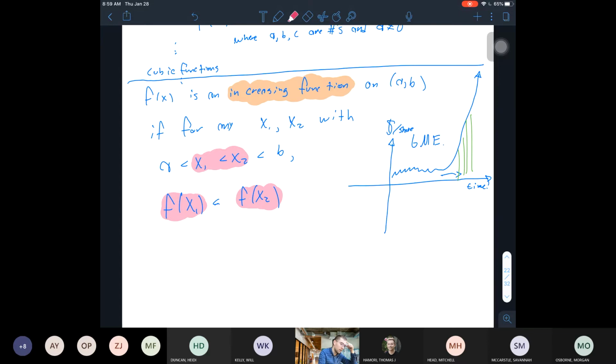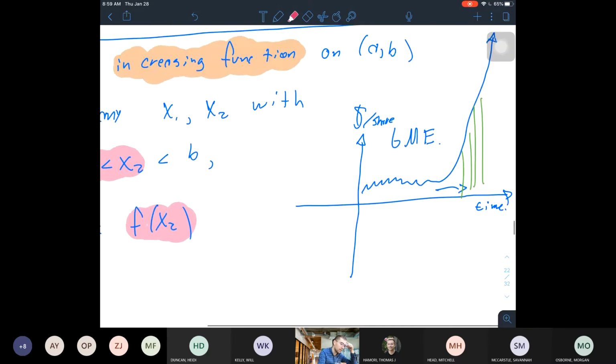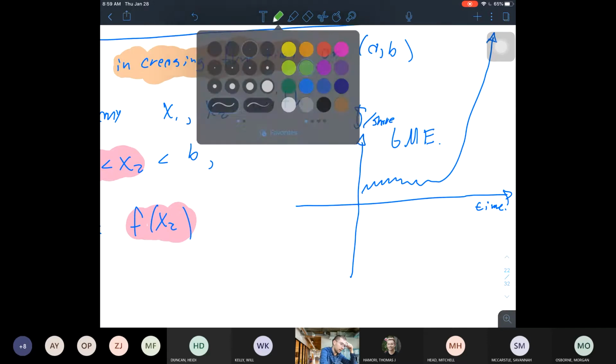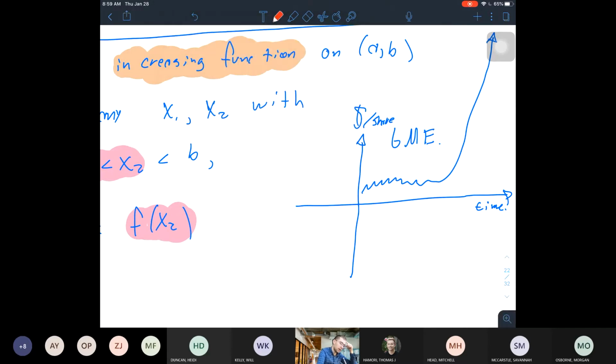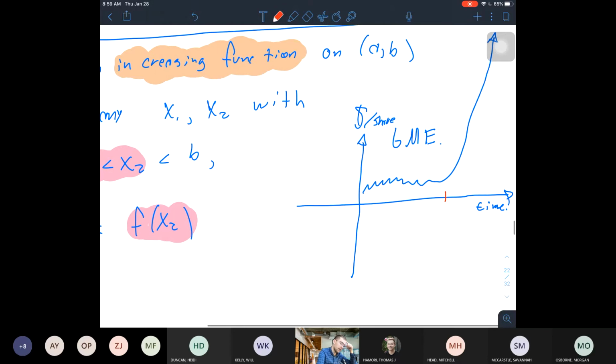So in particular for us, we could take a look at our GME stock, and we could take a look at a section here. Here's a, and here's b.